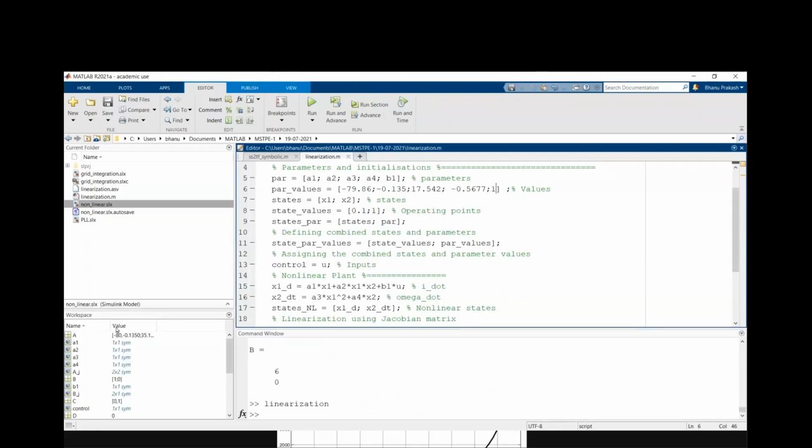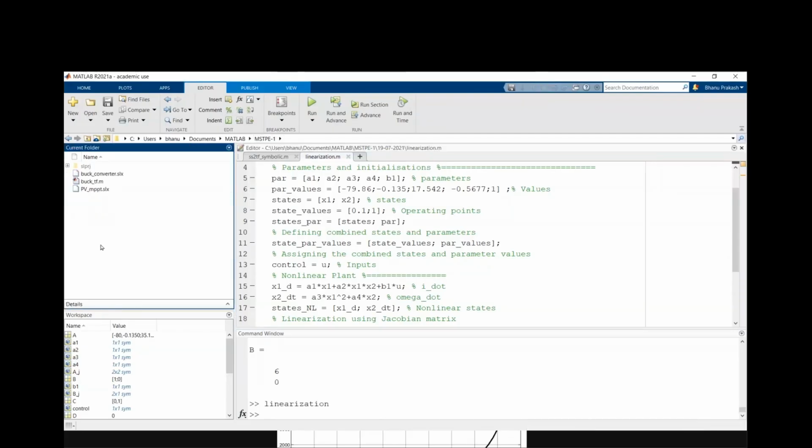Actually, I'm not finding that function where I placed it. Okay, I'll just tell this part tomorrow.